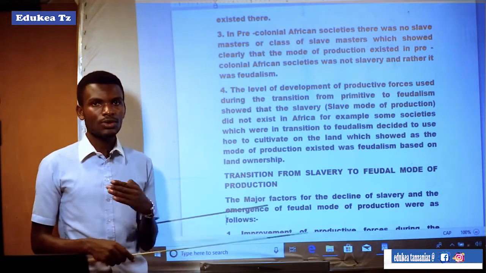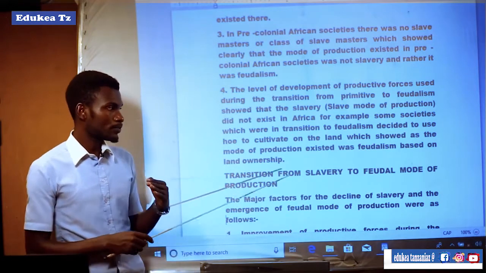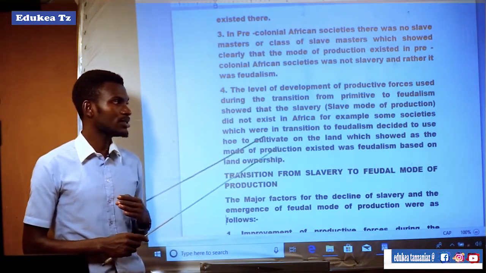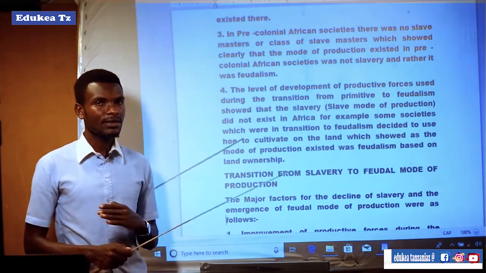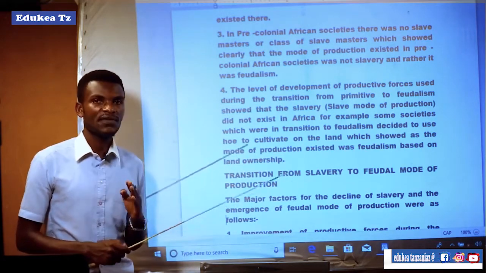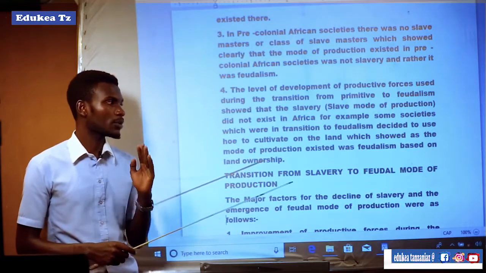That's why the historians concluded that the African societies transformed from communalism to feudalism, and slavery was not considered as the mode of production.